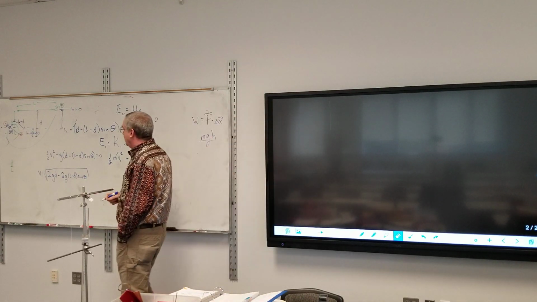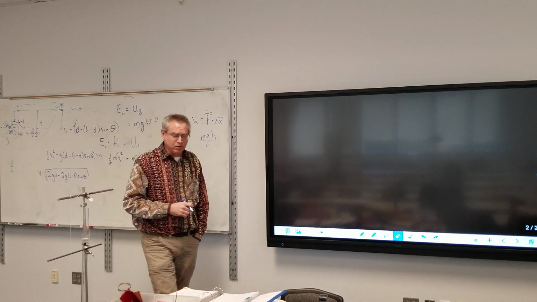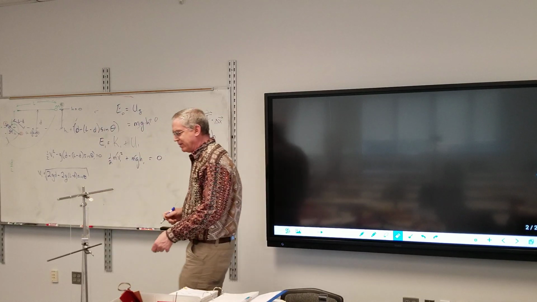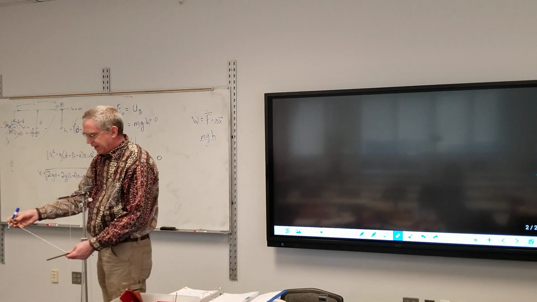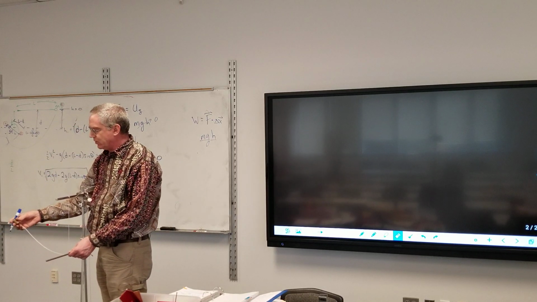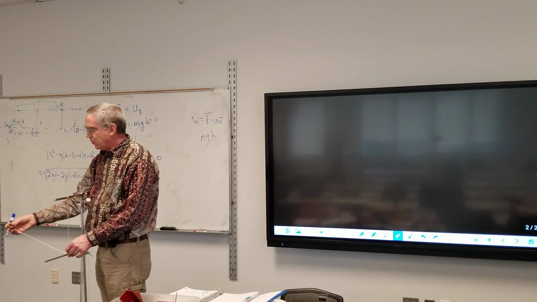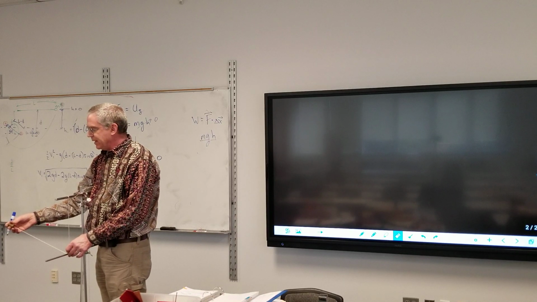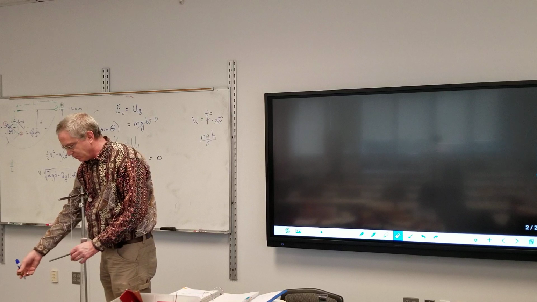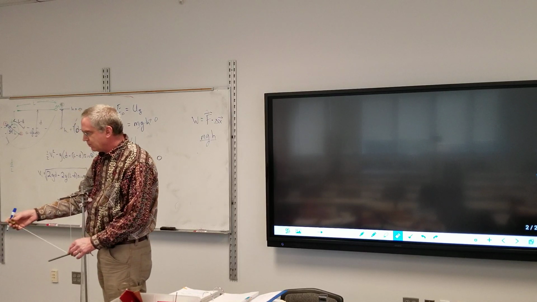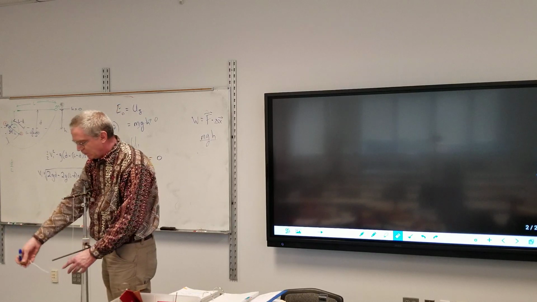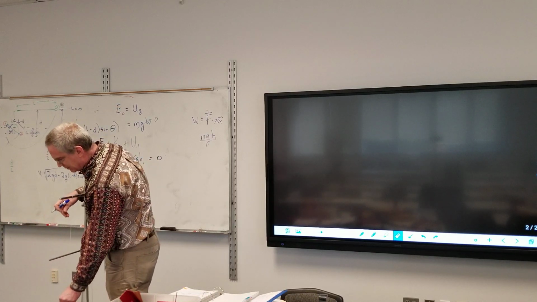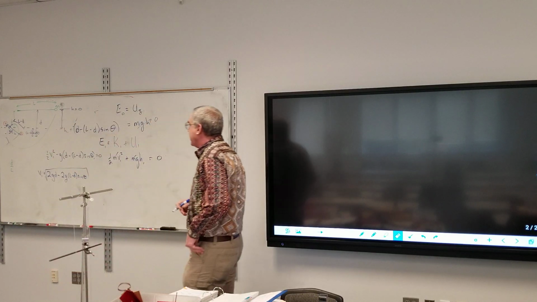Now, we have another principle involved here because the rope is still tight. There is still tension in the string at the point where it starts to go slack. At that moment, we have centripetal motion.